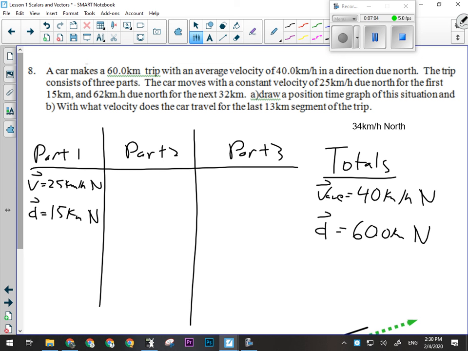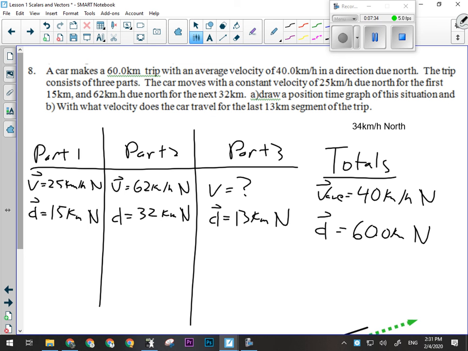Then it goes 62 kilometers per hour north for the next 32 kilometers. And we want to know what the velocity is in part 3 if part 3 is 13 kilometers in displacement.